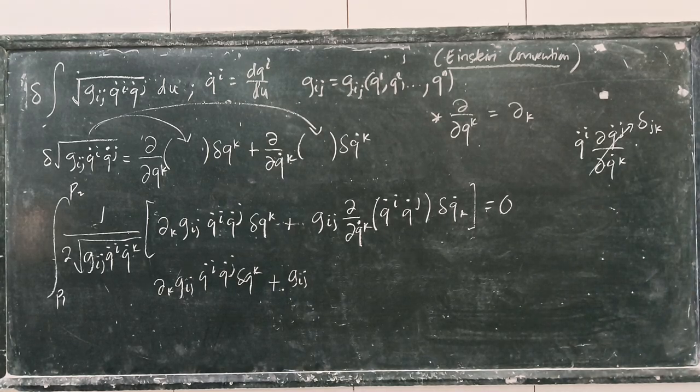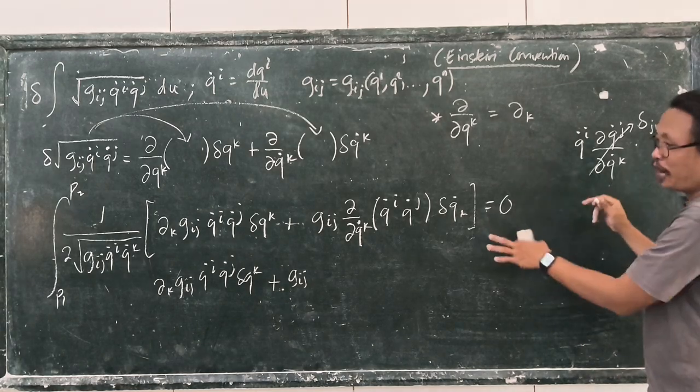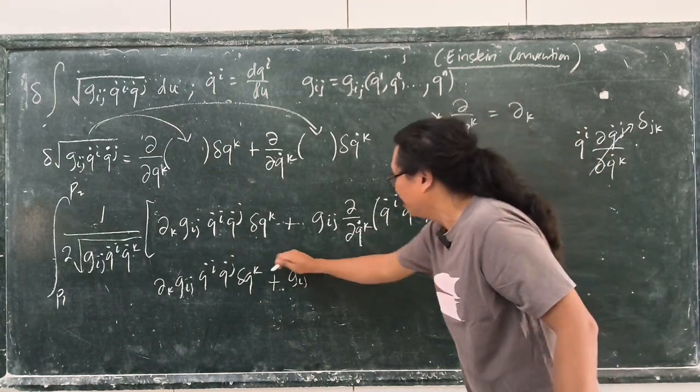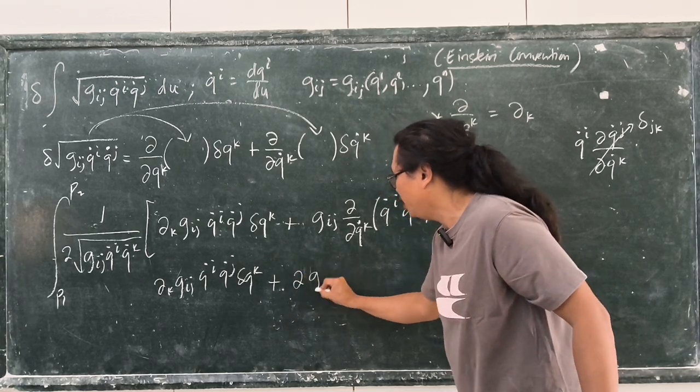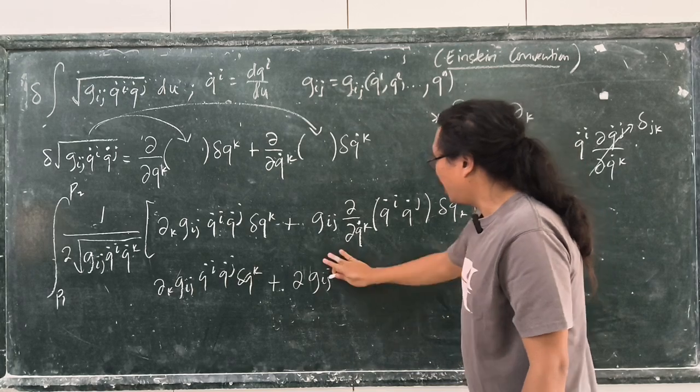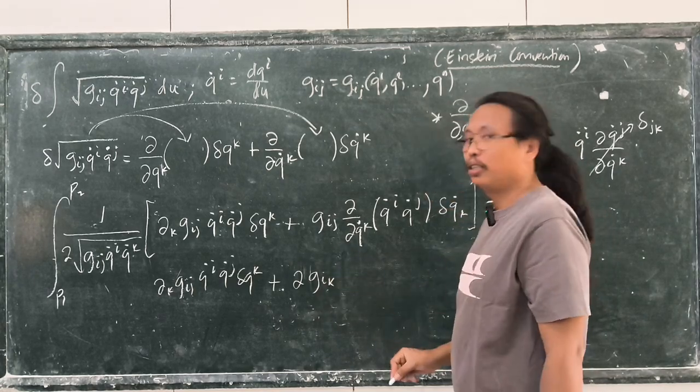And there are 2 of those, so I'll multiply this by 2, plus 2 times Gij.